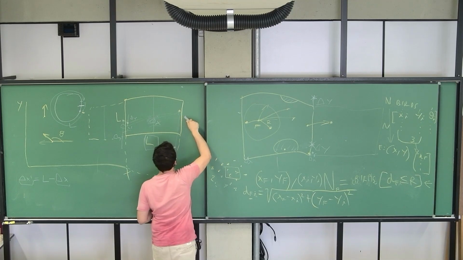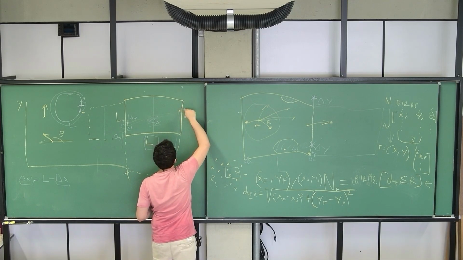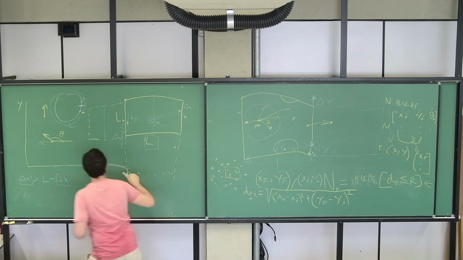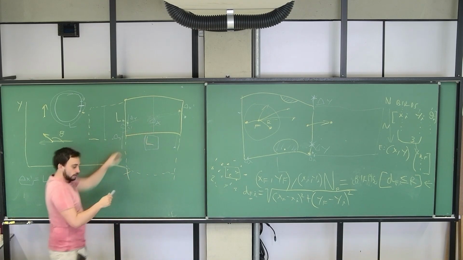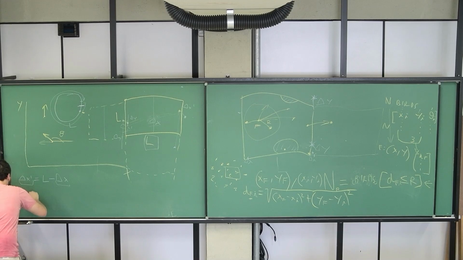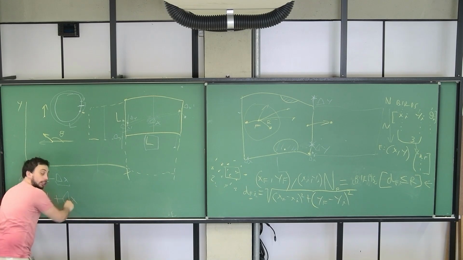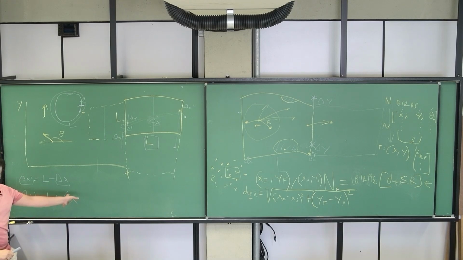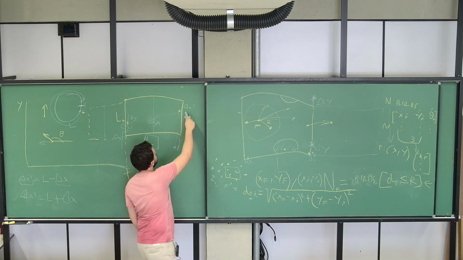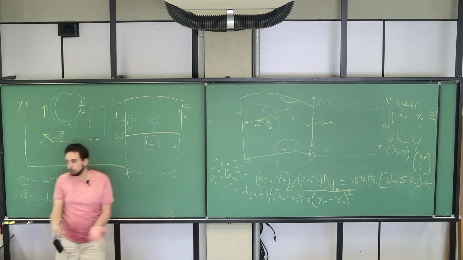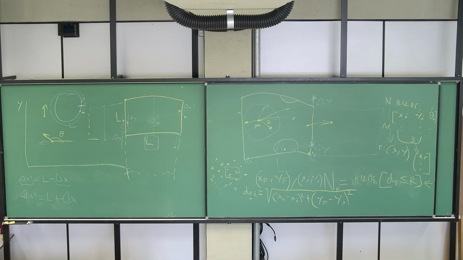In this case, since your delta x is negative, you have delta x prime, which is going to be L plus delta x, which is negative. This delta x prime is L, or if you want, L minus the absolute value of delta x. This is also another possible solution, right?